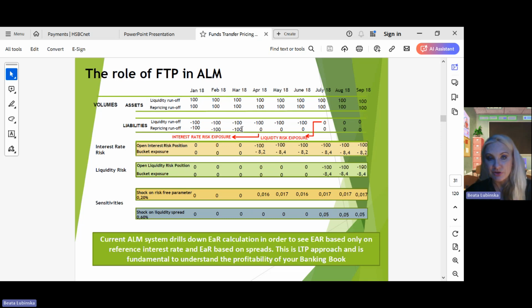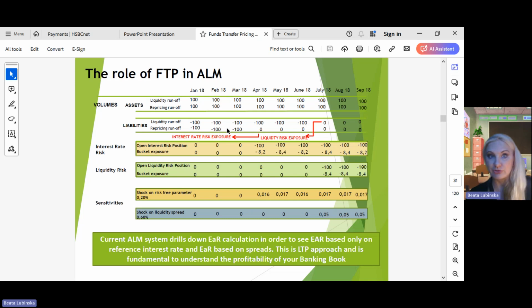So the position is resetting its rate. Therefore, there is interest rate risk exposure. So until March, it's still fixed, but then you are running interest rate risk exposure, because you don't know what the new rate will be at which this position will refix.